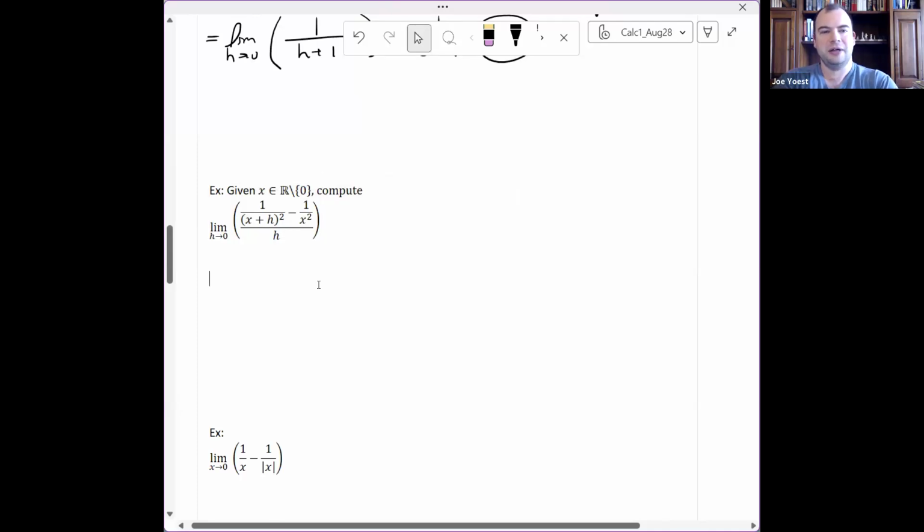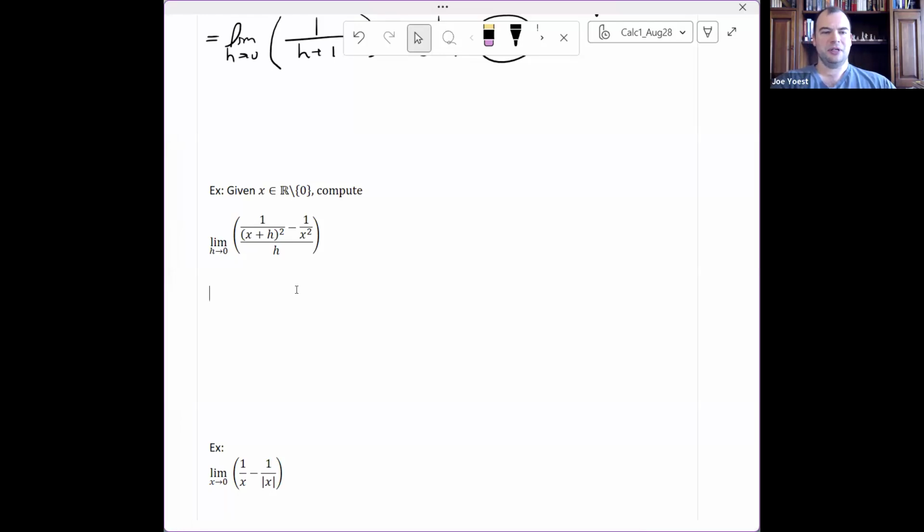Given some value of x, we're just taking x to be a constant here, some real number that's not 0. Compute this limit. Limit as h goes to 0 of, in the numerator, 1 over (x plus h) squared minus 1 over x squared, all divided by, in the denominator, h.